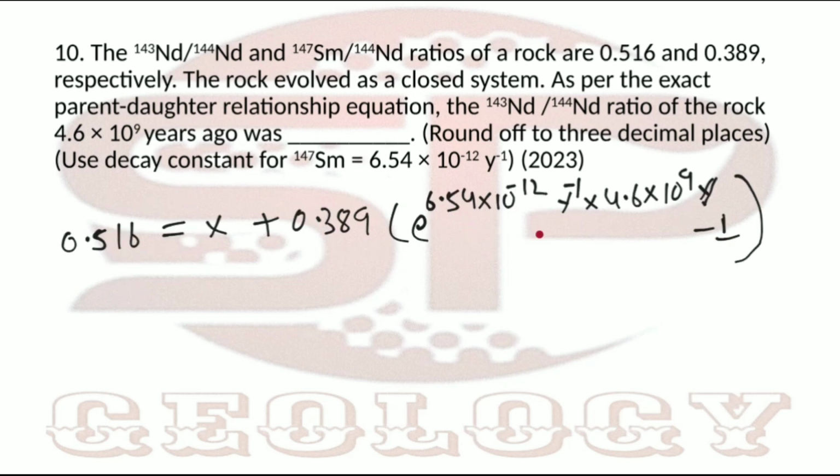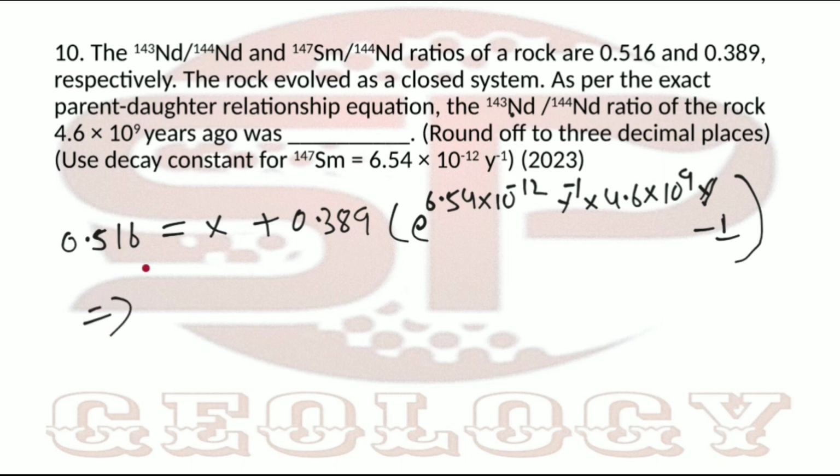it will be 0.516 equals x, where we have to calculate the Nd 143 by Nd 144 at initial time, plus 0.389, the Sm 147 by Nd 144, into e to the power 6.54 into 10 to the minus 12 year inverse into 4.6 into 10 to the power 9 years. So the year inverse and years cancel each other. Then minus 12 plus 9 gives 10 to the minus 3.